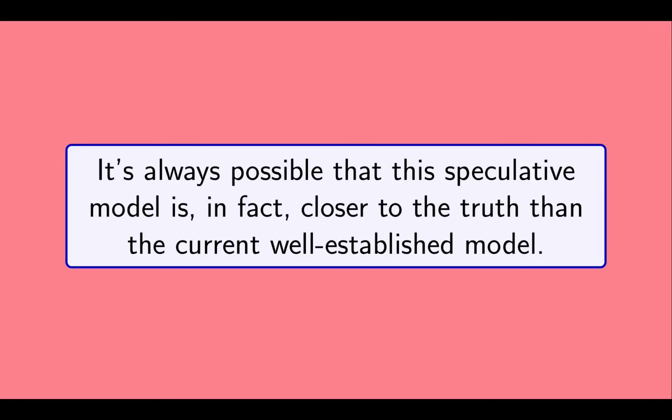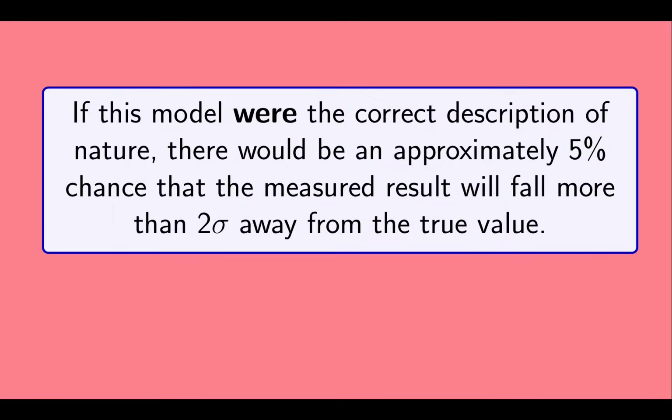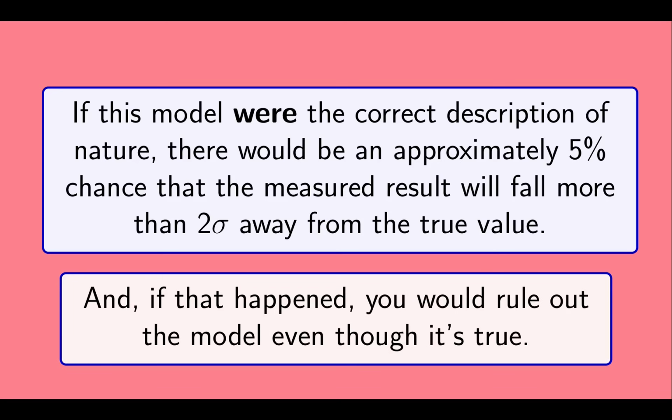Of course, it's always possible that this speculative model is, in fact, closer to the truth than the current well-established model. If this model were the correct description of nature, there would be an approximately 5% chance that the measured result would fall more than 2 sigma away from the true value. And if that happens, you would rule out the model even though it's true.